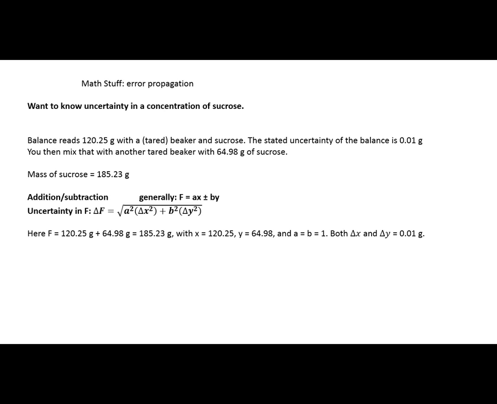So we're just substituting into that addition form. A and b are constants, they're both 1 in this case, we don't have any multipliers. The uncertainties, delta x and delta y, come from the balance, so they are 0.01 grams. So now we just plug in, and we get a delta f, an uncertainty in f, of 0.014 grams.